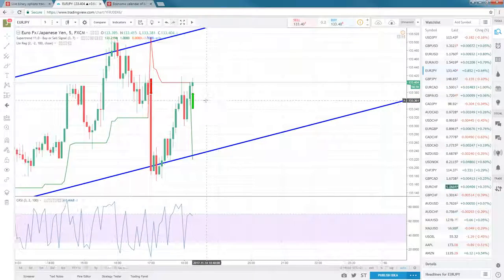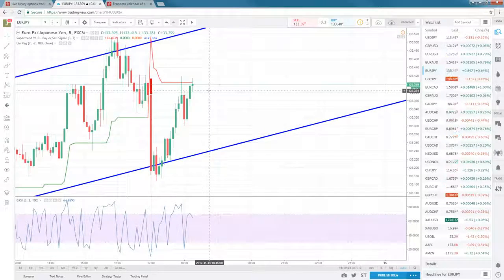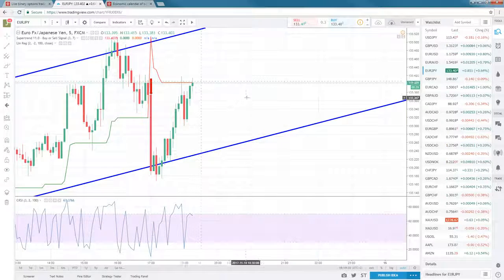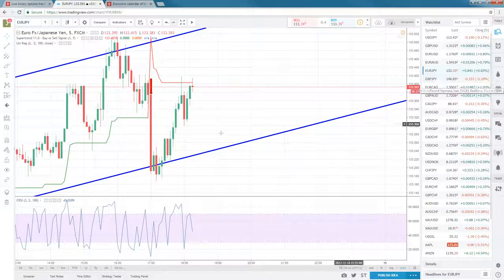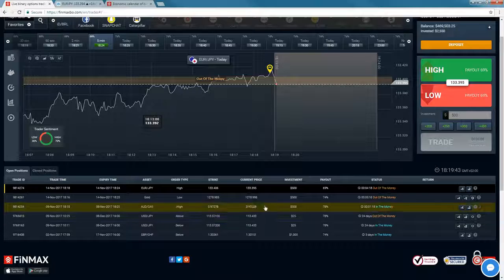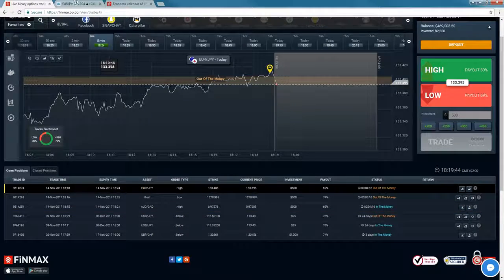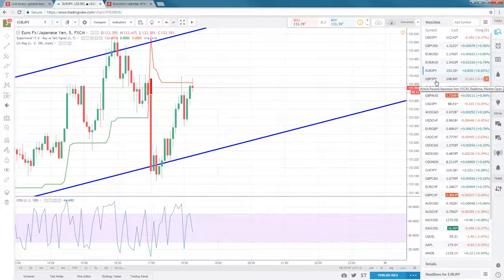Yeah, we can see that Euro JPY is still fighting, but still I hope that it will continue going high. Let's see, any other asset?